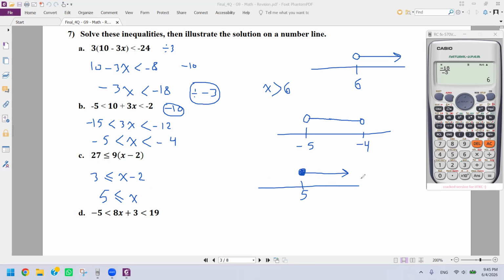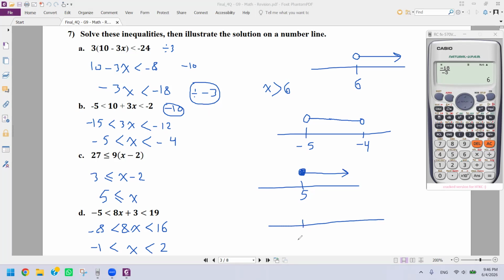Last one also, it's 3 sides. First, we subtract 3 minus 8, 8x, 19 minus 3, 16. Then we divide by 8, keep x alone, minus 1, x, 16 divided by 8 is 2.